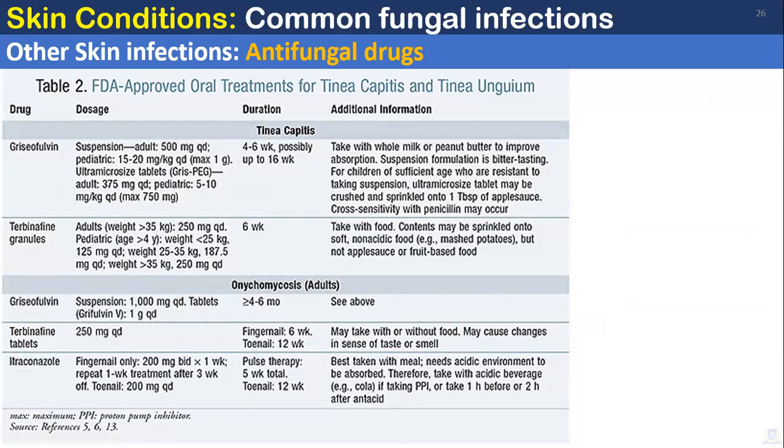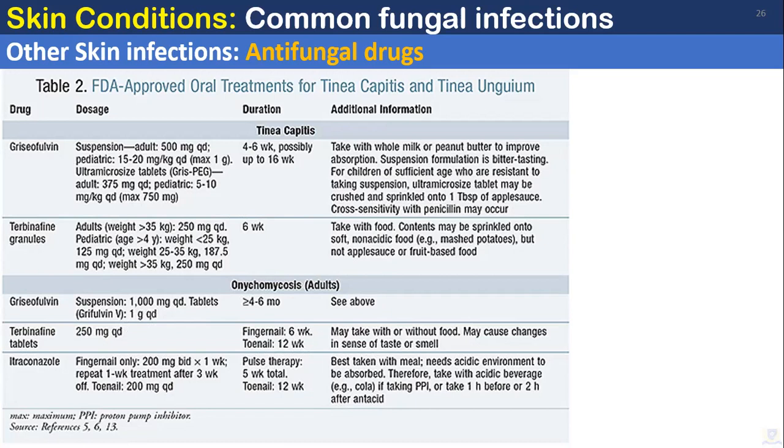Terbinafine granules, especially for tinea capitis, are indicated for about 6 weeks. Take with food, especially non-acidic food. For onychomycosis, griseofulvin could be used at a dose of 1 gram QD tablet for about 4 to 6 months.